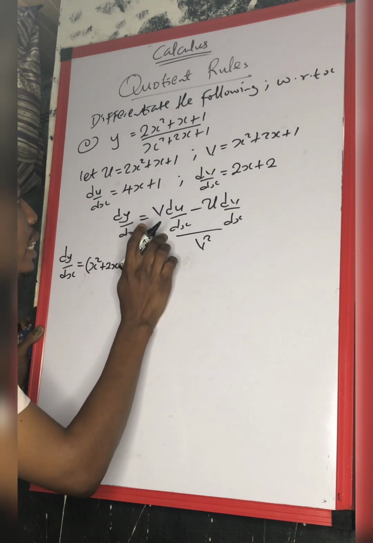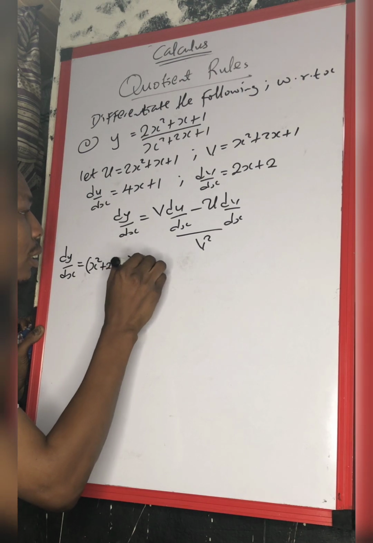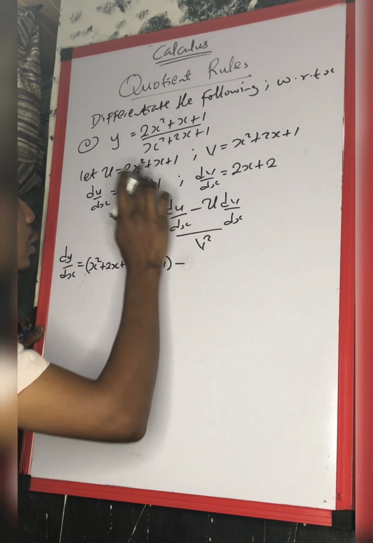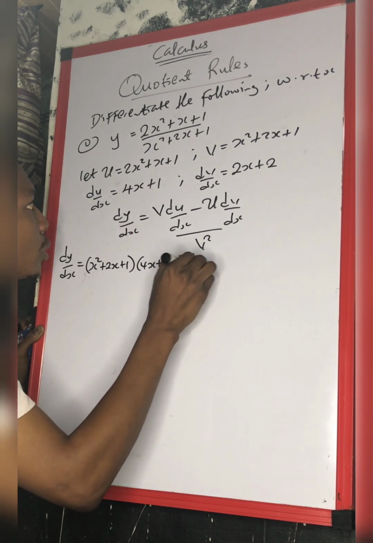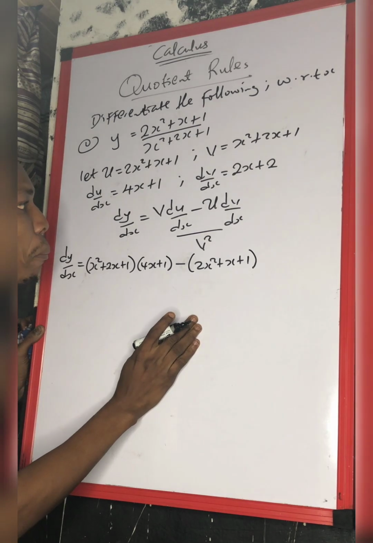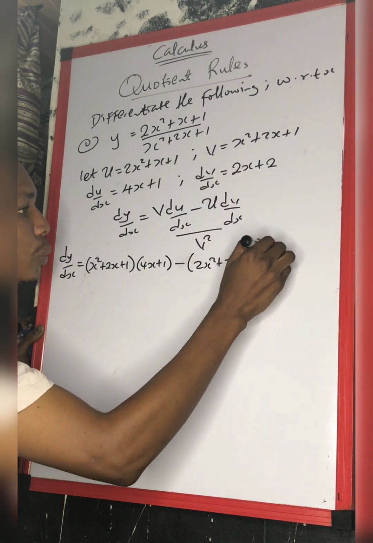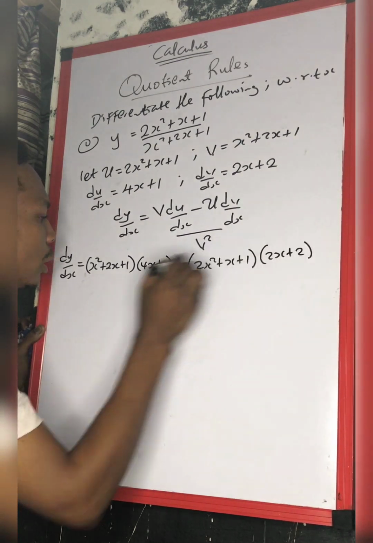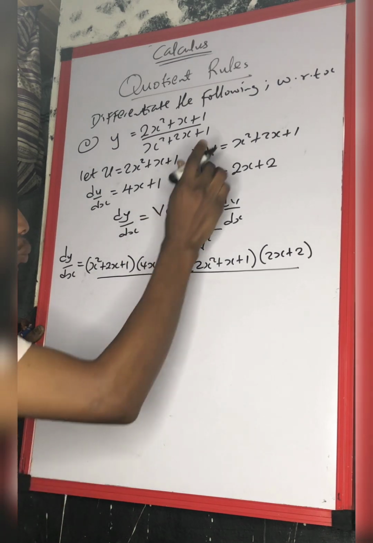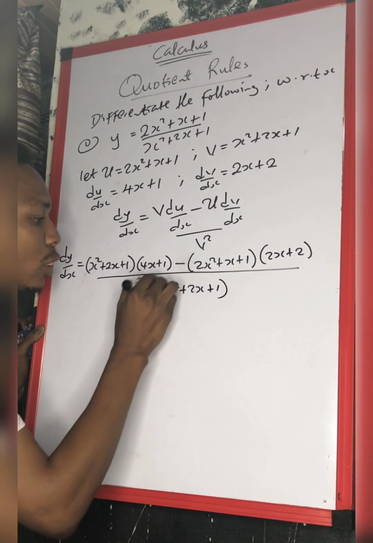Then du/dx is 4x plus 1. Then minus, our u is everything here, 2x squared plus x plus 1. Then our dv/dx is 2x plus 2, then all over v squared, which is x squared plus 2x plus 1 squared.